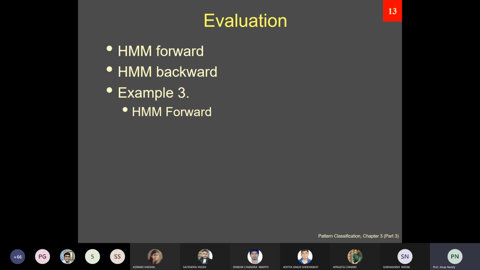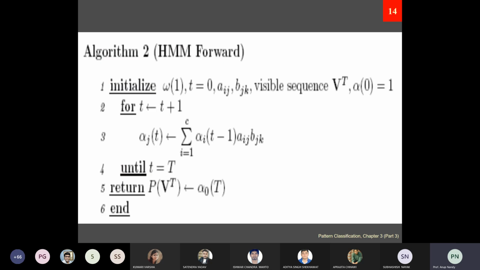So that is what is called HMM forward, HMM backward. Then these are the forward algorithm that I already explained.